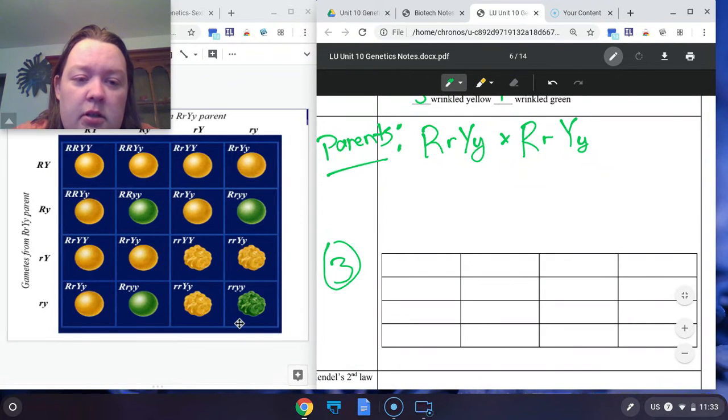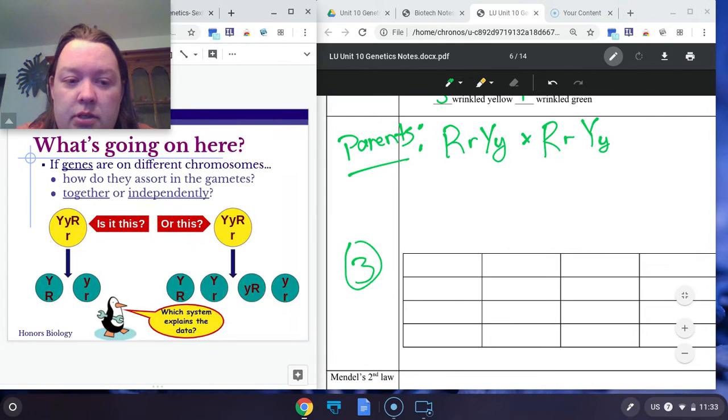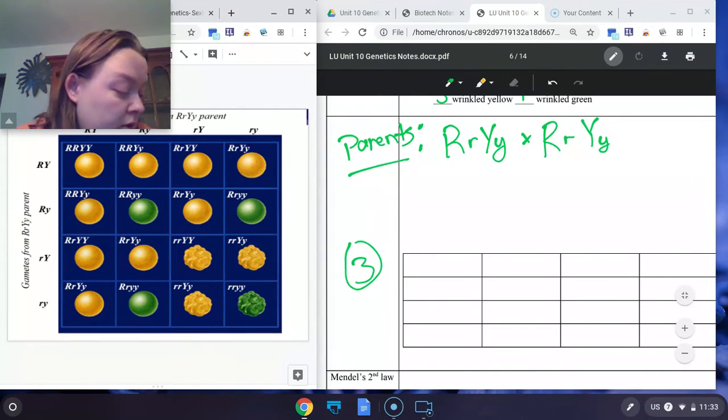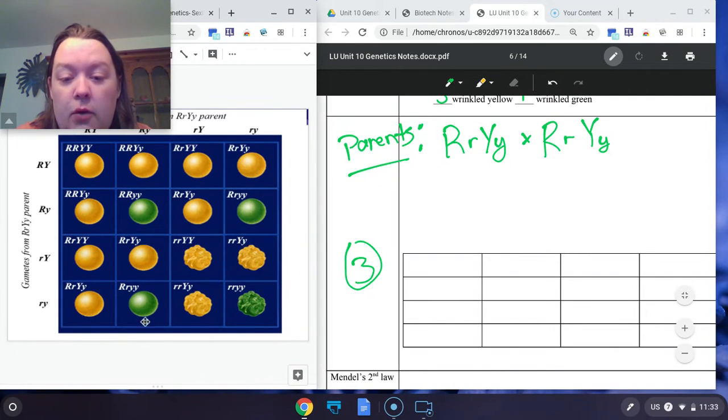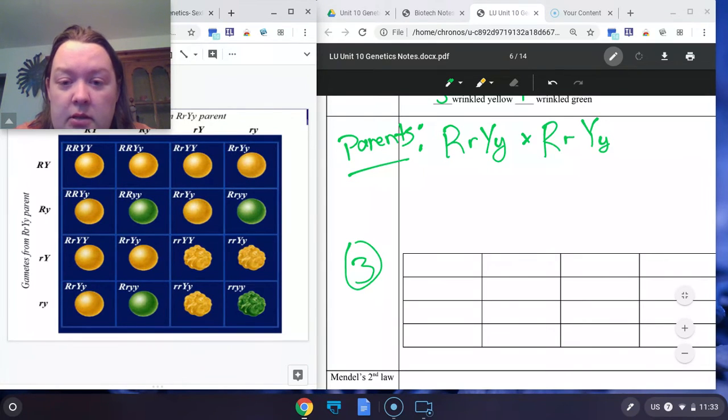Now, for the sake of this class, you will not need to be able to figure out how to set up this cross. So for instance, here I'm going to give you the letters across the top and across the side. For this particular class, you won't need to know how to figure those out on your own quite yet, but you will need to know how to put them into the square, so how to figure out the ones in the middle. I'm going to go ahead and tell you how you figure out your gametes, but again, that's not something you need to know.